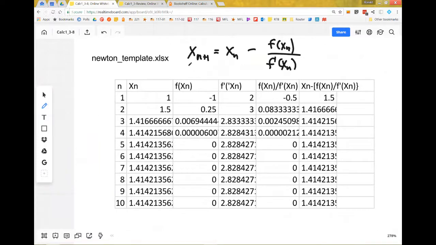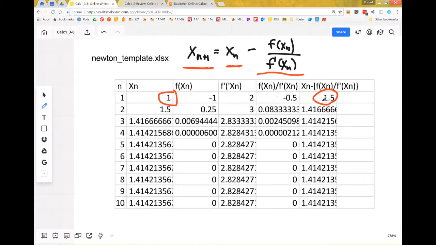So anyway, to find the next number, you take the last number and you subtract this ratio of the function at your first estimate divided by the derivative at your last estimate. And then what happens is, when you do it the first time, like we did in class, we started with 1.